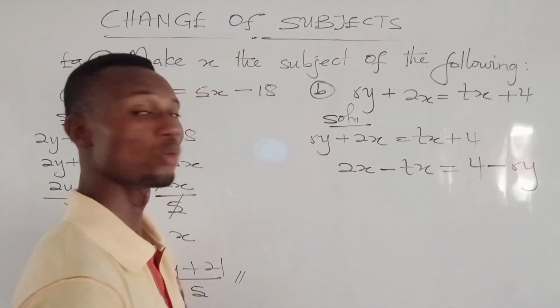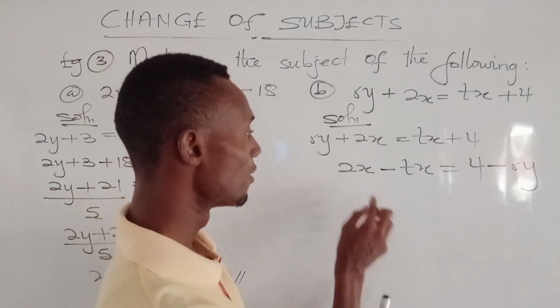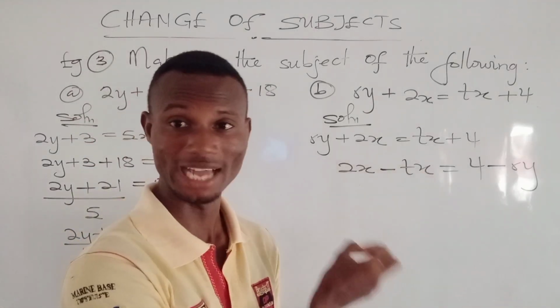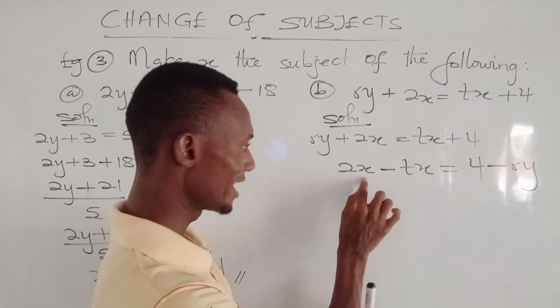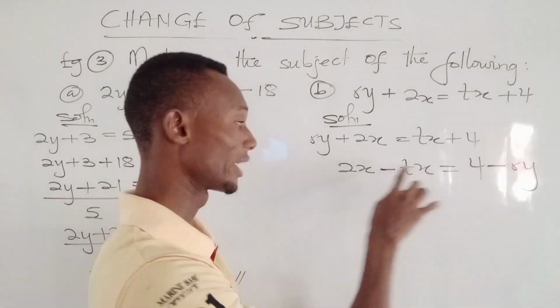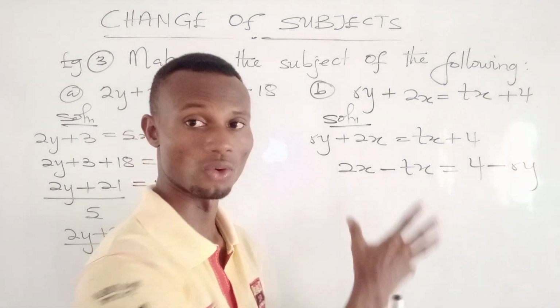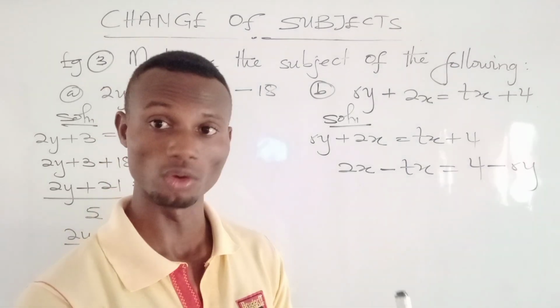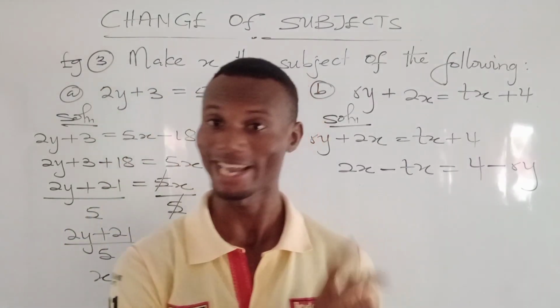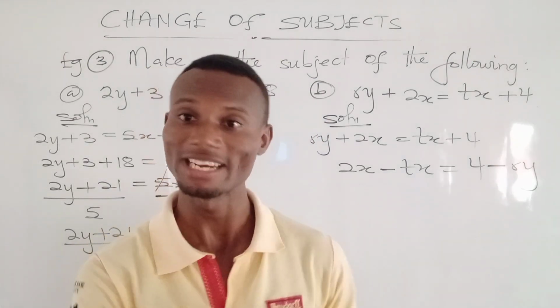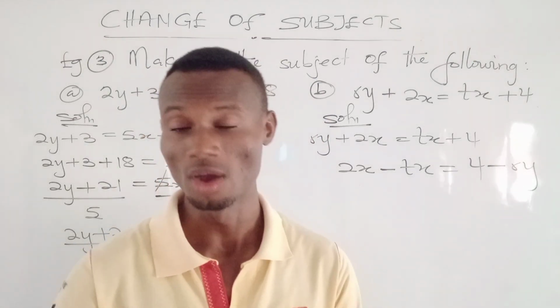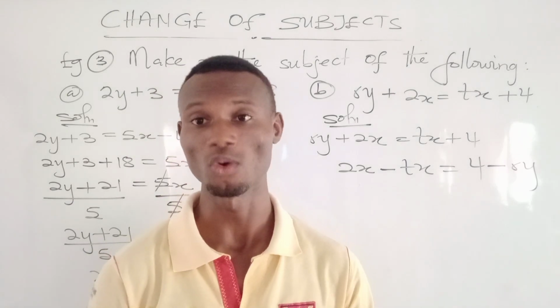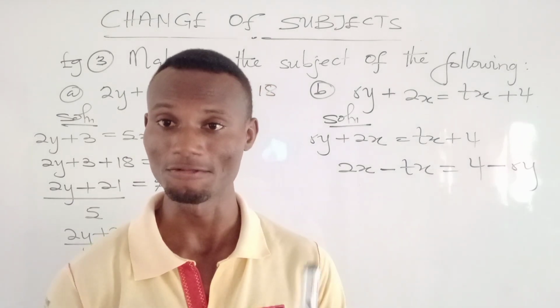Now for us to get S to stand alone, look, we have 2s here, we have ts here, and our minus sign is here. We need to get S out of them to stand alone, and the only way to get S out of them is to apply the factorization that I've taught you. That's why I'm encouraging you to watch the videos that I've done on factorization.